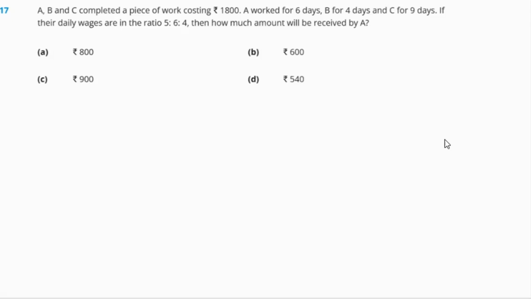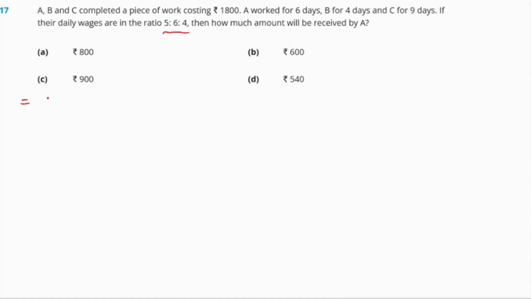They are doing a piece of work and they are getting 1,800 rupees together. A is working for 6 days, B is working for 4 days and C for 9 days. And the ratios of their daily wages are given, that is 5 is to 6 is to 4. Then we have to find out how much amount A will receive, how much money A will get.